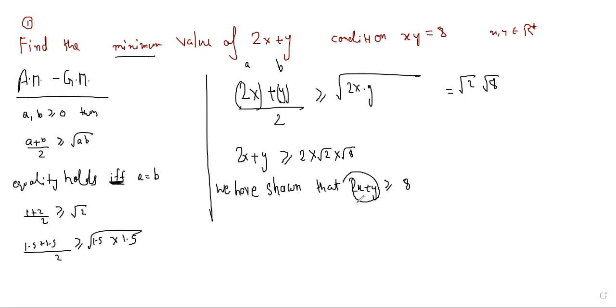So obviously the minimum cannot be less than 8, right? For any x and y, the quantity is at least 8. If the quantity is at least 8, does it mean that 8 is the minimum? No. Think about it. A quantity being at least 8 doesn't mean that 8 is the minimum. It doesn't mean that 8 can actually be attained. You see the difference, right? Because I can just say that this is at least 0. Does it mean that 0 is the minimum?